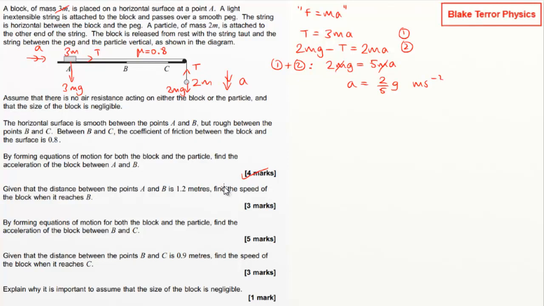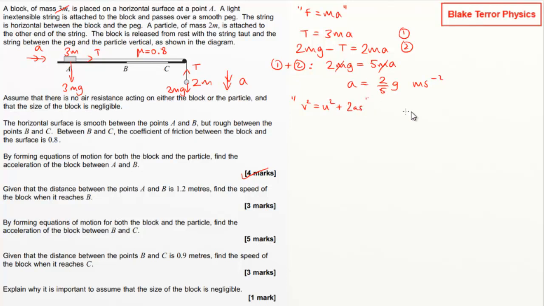Given that the distance between the points A and B is 1.2 meters, find the speed of the block when it reaches B. So we've just got this force T applied onto there. I mean, we could just do a straight SUVAT on this because we've got a constant force between A and B. So you might be thinking at this point, well, I'm happy with using v squared equals u squared plus 2as.